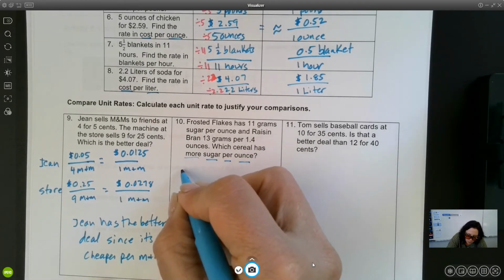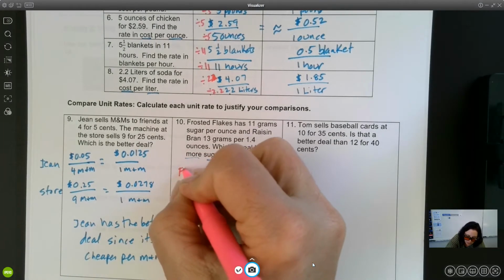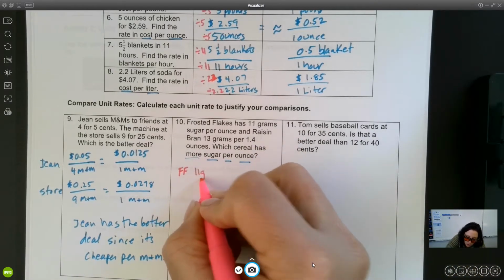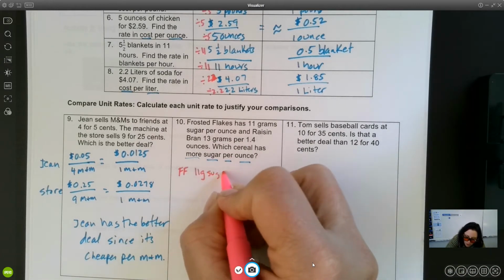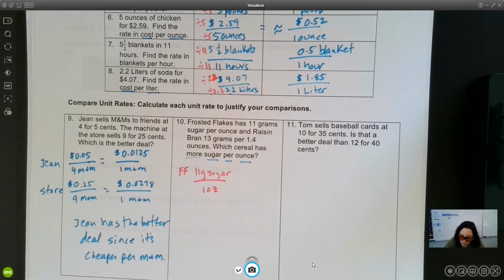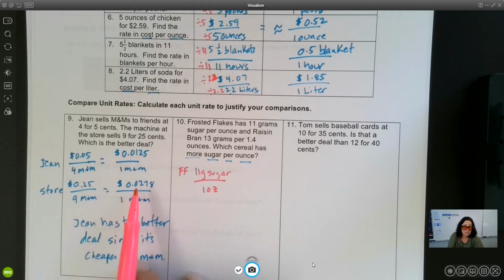I'm going to change into pink so it doesn't blend in with what I just wrote on the other one. Frosted Flakes, I have 11 grams of sugar per 1 ounce. How awesome that they handed me the unit rate. Over here, they gave me a rate and we had to find the unit rates.